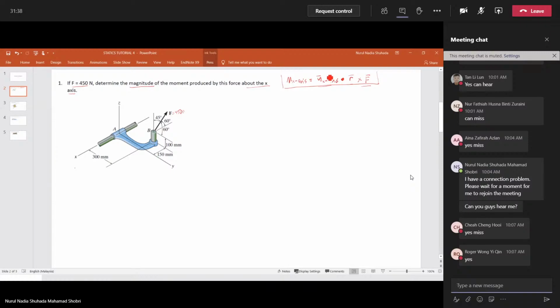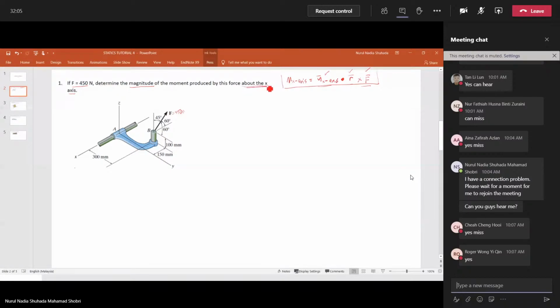So we have to find these three values first before we can find the moment. First we will find the unit vector about the x-axis. Why unit vector about the x-axis? This is because it is mentioned specifically in the question.